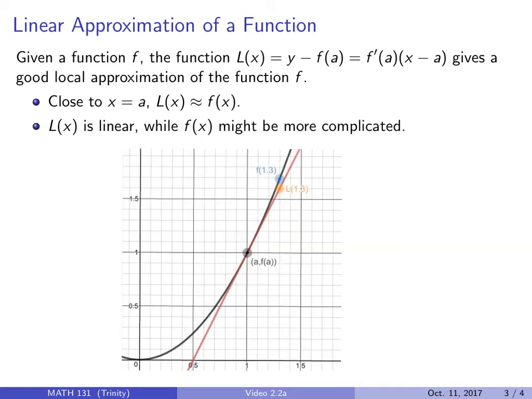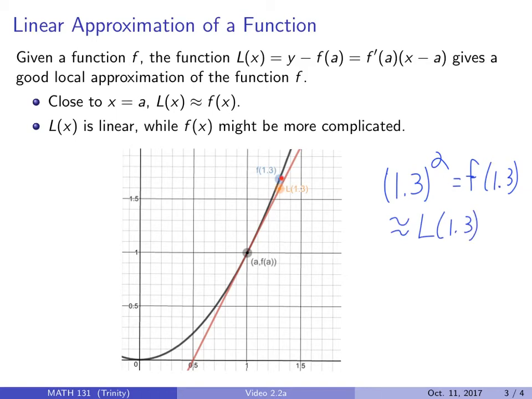So we can use the tangent line as an approximation of function values. For example, if I wanted to approximate the value 1.3 squared, which is the same thing as finding f of 1.3, I can approximate it by plugging 1.3 into my tangent line equation, L of 1.3.